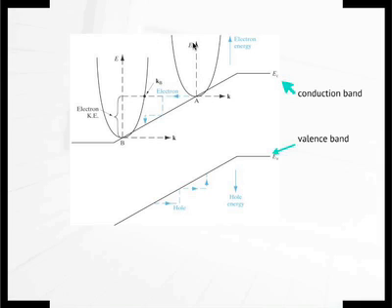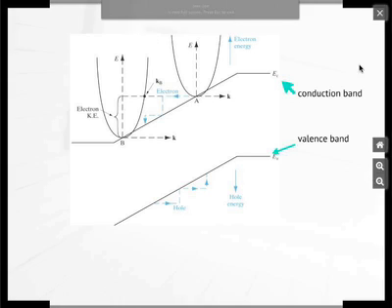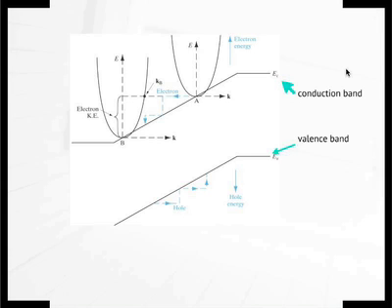Or we can have these three-dimensional structures. Now, when you apply an electric field, the band diagrams get modified. It's difficult to show this with a complicated three-dimensional structure, so we usually show it with a simple line, where the line represents the bottom of the conduction band or the top of the valence band.